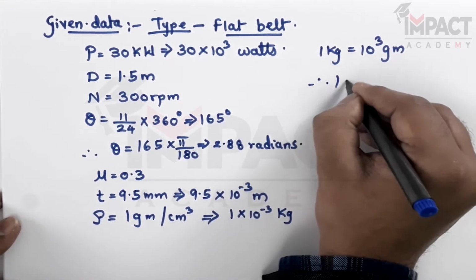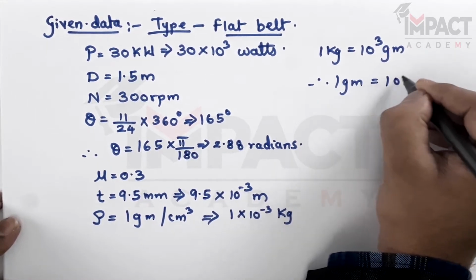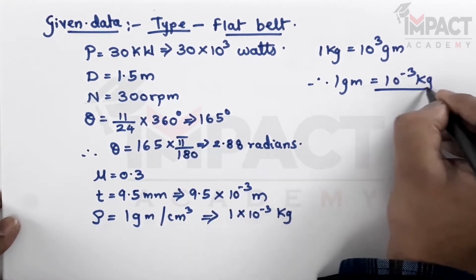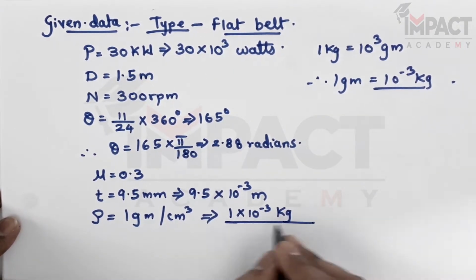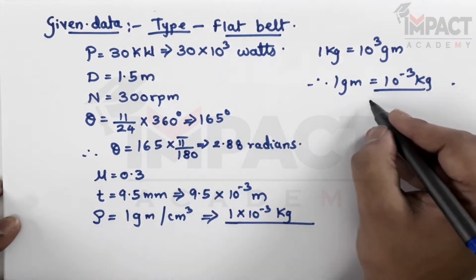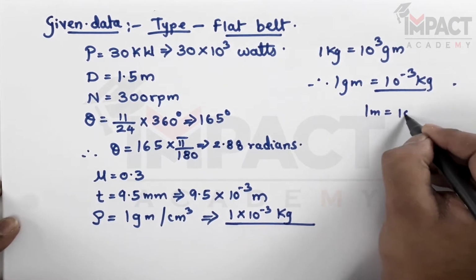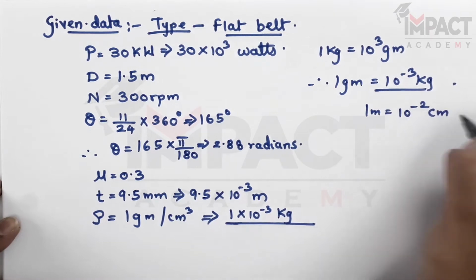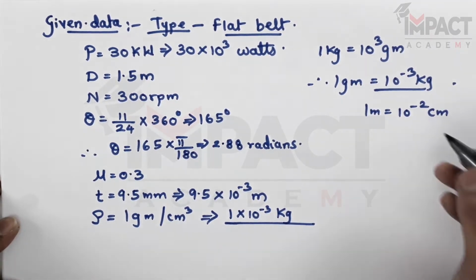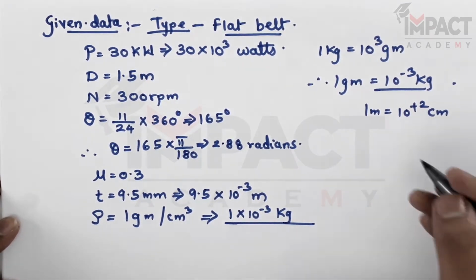So therefore 1 gram will be 10 raised to minus 3 kg divided by centimeter cube, and 1 meter is 10 raised to plus 2 centimeter.